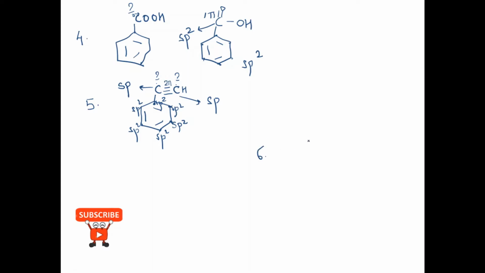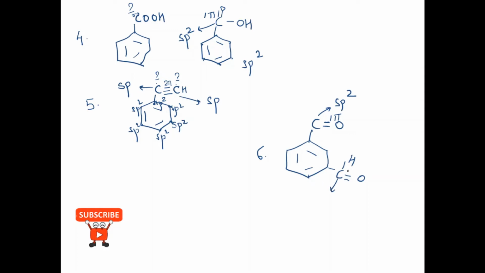If I take up one more example, there are two functional groups, a ketone and an aldehyde. So what will be the hybridization of this carbon atom? Carbonyl group. This is a double bond. So 1 pi bond, sp3 minus 1 pi bond, sp2 hybridized.